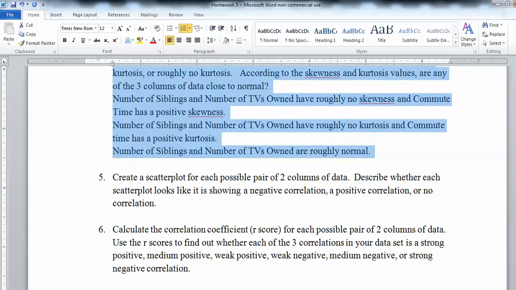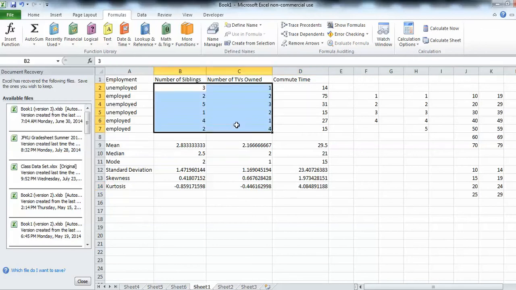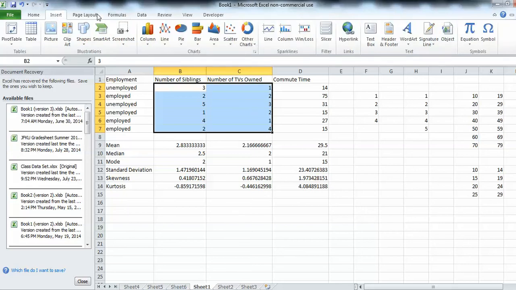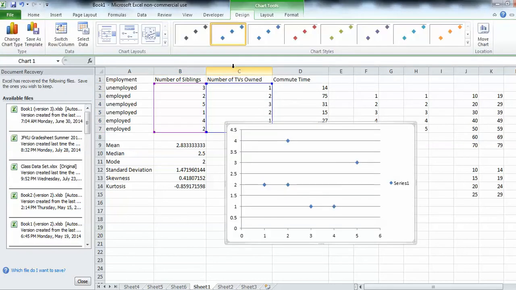So let's create scatter plots. First, let's do it for siblings and TVs. I highlight both columns. I go to Insert. I go to Scatter. I can highlight this one right here, the top left, and it gives me a scatter plot.